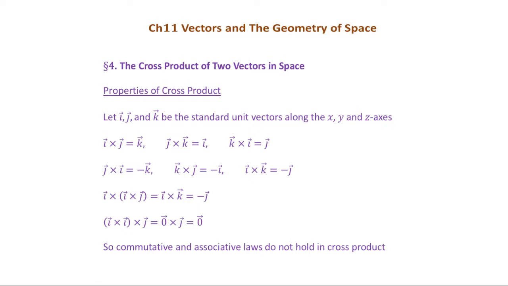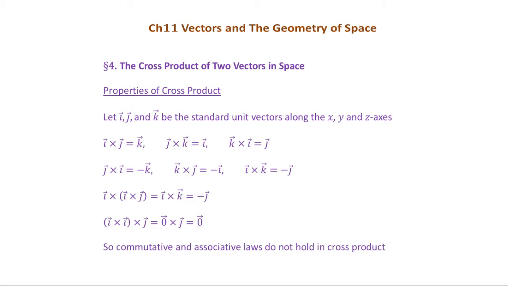The magnitude of i is 1, the magnitude of j is 1, and sine 90 degrees is 1 also, so the magnitude of i cross j is 1, and the magnitude of k is also equal to 1. So that confirms both direction and magnitude. And you can easily check the other relations: j cross k equals i, k cross i equals j. And if you do the cross product in reverse order, like j cross i, you get negative k, using the right-hand rule.